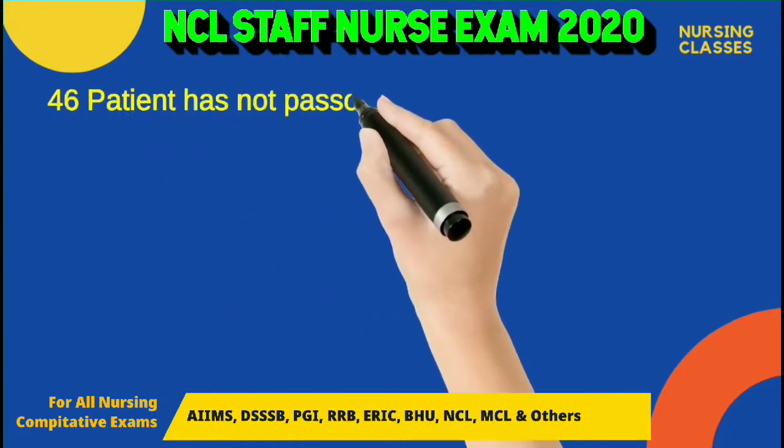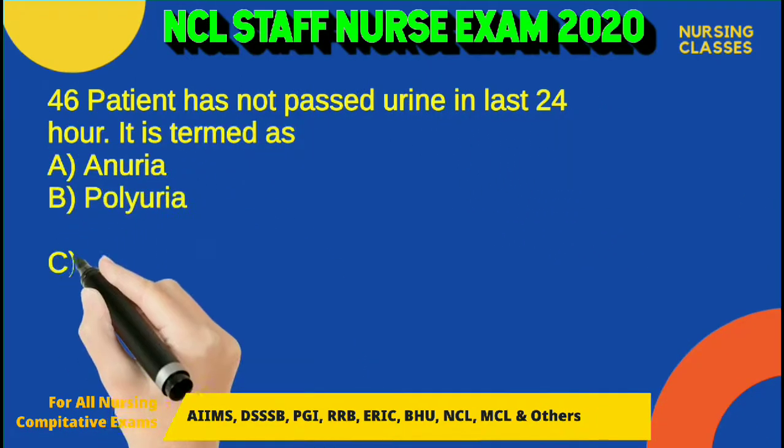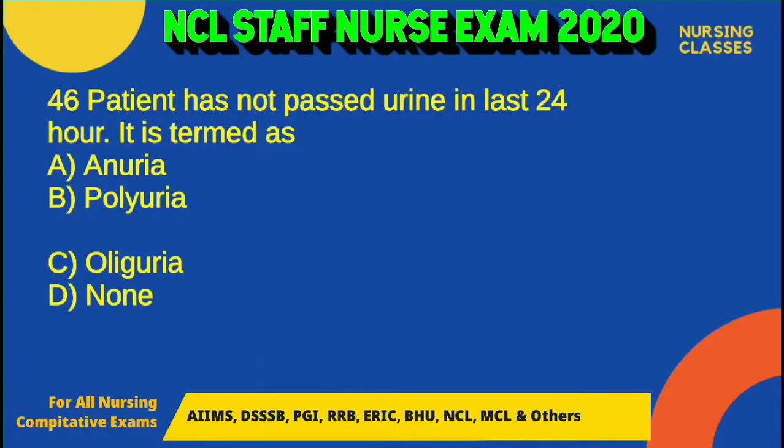46. Patient has not passed urine in the last 24 hours. It is termed as A. Anuria. B. Polyuria. C. Oliguria. D. None. Correct answer A. Anuria. 47.